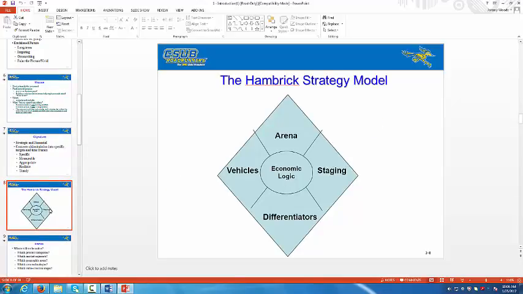Okay, so when we left off last time, we had just gotten done talking about the Hambrick strategy model, which focuses on arenas, or where you are going to be active as a business; differentiators, how you are going to be different than the competition; vehicles, how you are going to go about doing these first two; and then staging, what order you are going to do things in; and then economic logic.